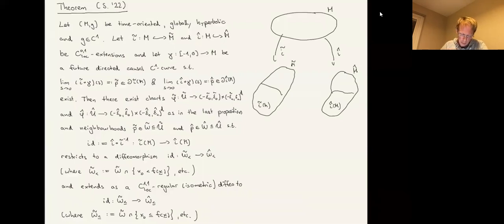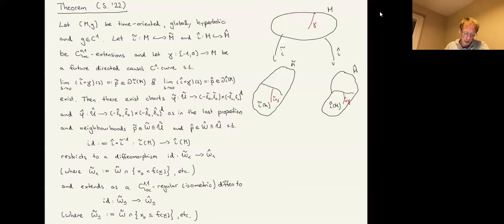And I again have my anchoring causal curve gamma, which has a limit point here and a limit point here in this spacetime.